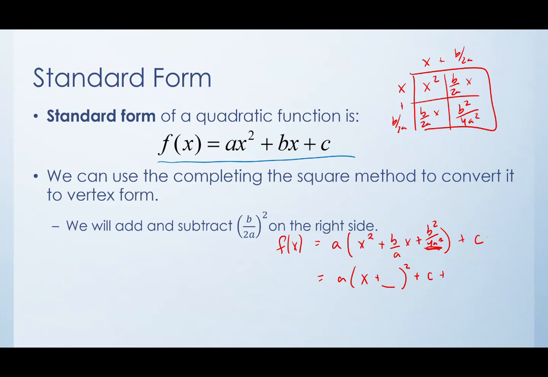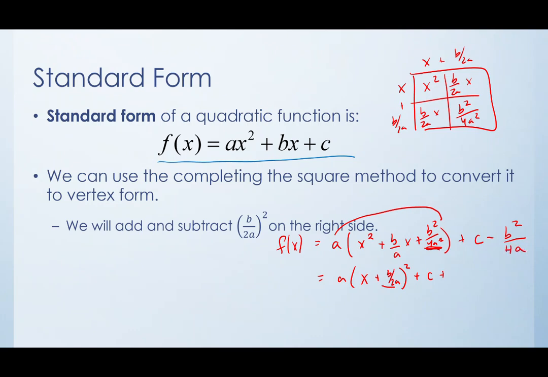Now, that's what we added inside to complete the square. But we've really added a times that, right? So we've added b squared over 4a. So we've got to subtract b squared over 4a.